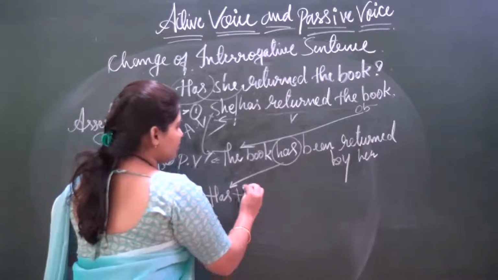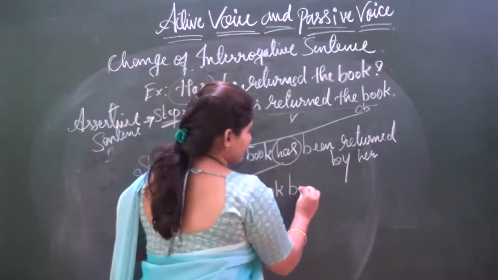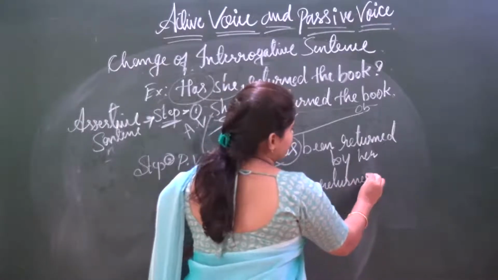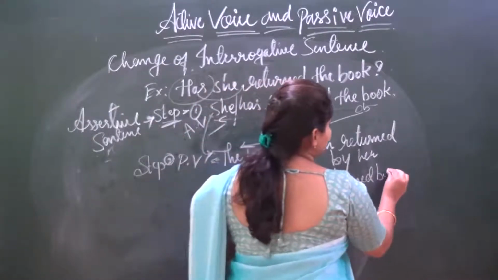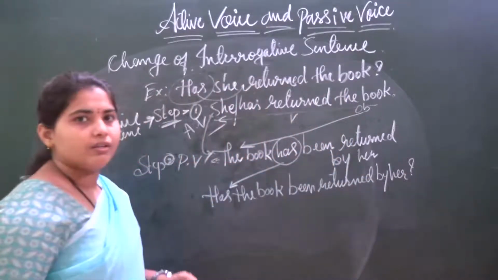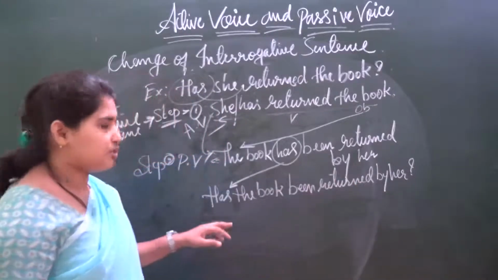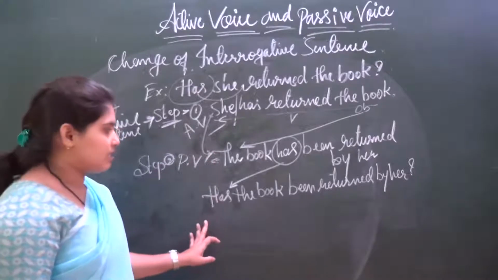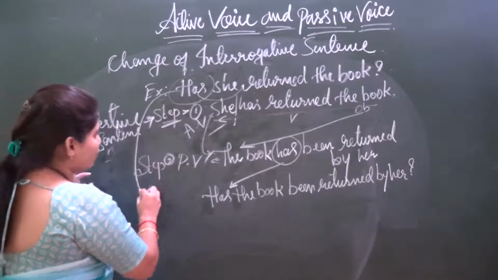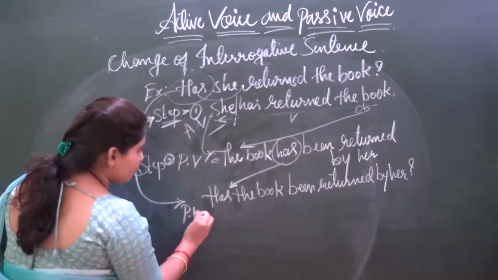Has the book been returned by her? Question mark. Don't forget to put the question mark at the end of the sentence. That is a must after completion of an interrogative sentence. Okay. So this is the passive form of the sentence.